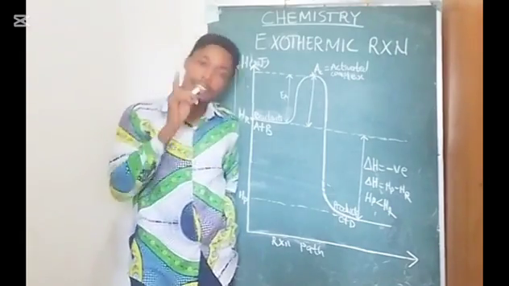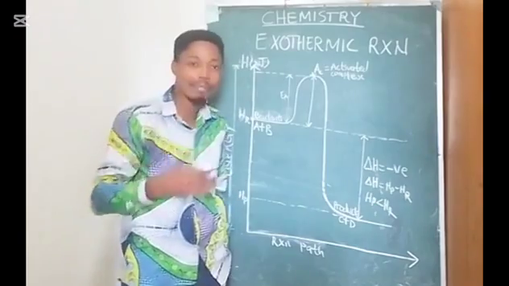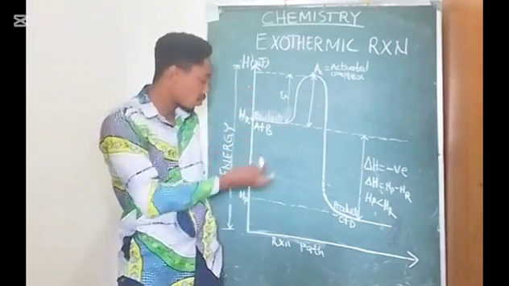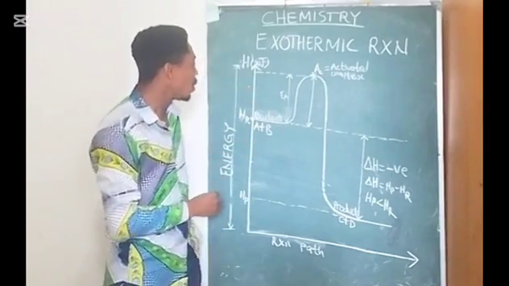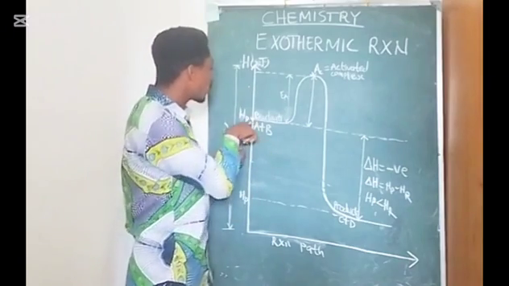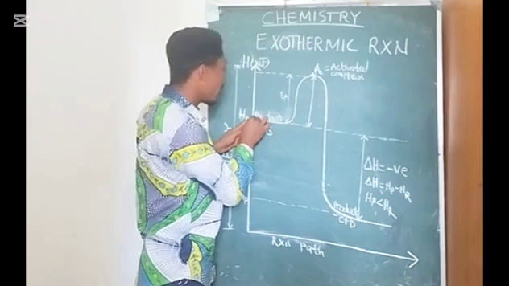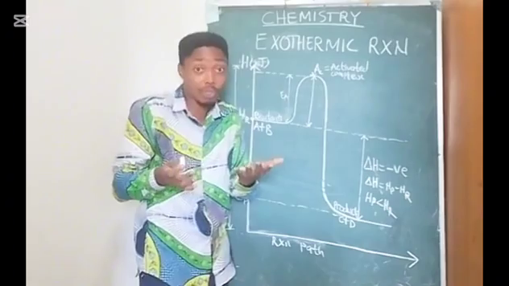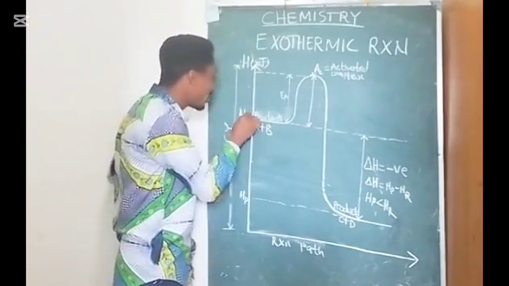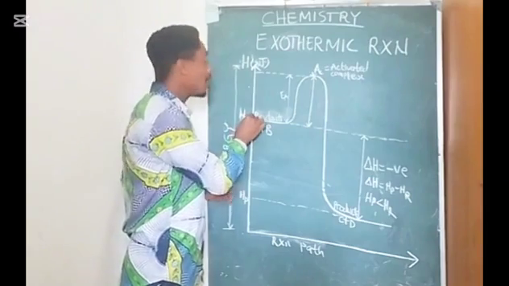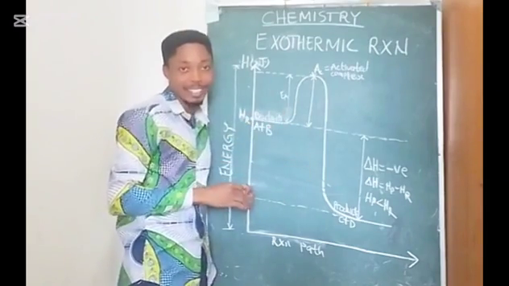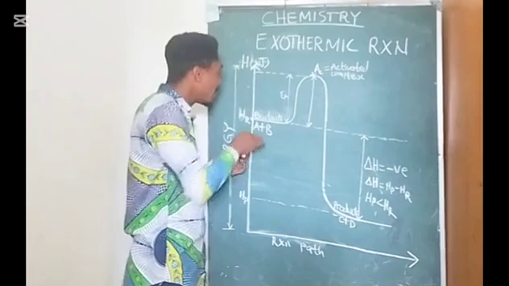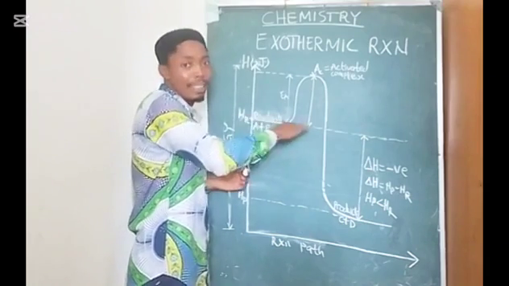Now, there are other things worth noting, because I could present this to you and ask you to identify some parts of this curve. You can also refer to the energy here as the potential energy of the reactant, the energy of the reactant when it is stable.